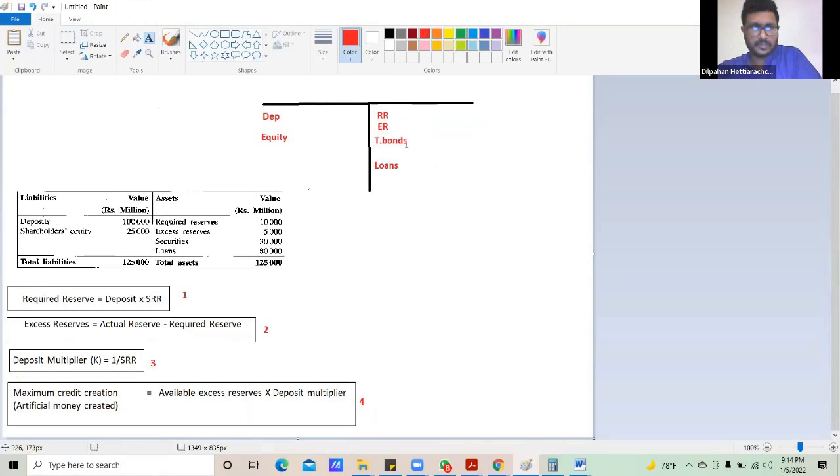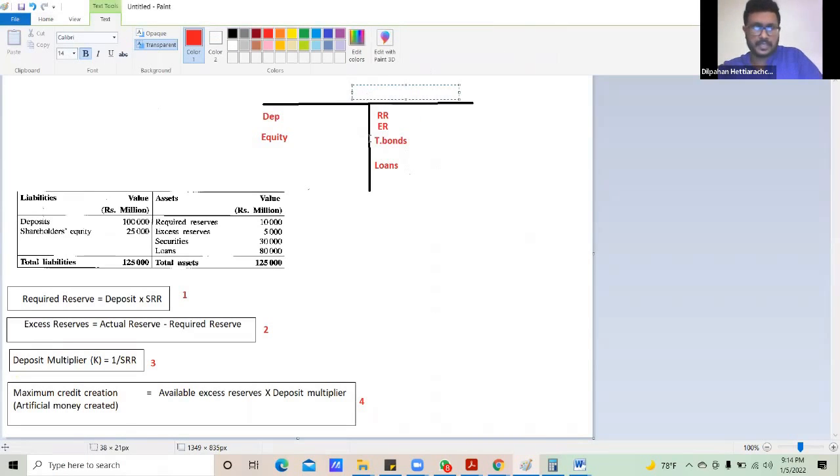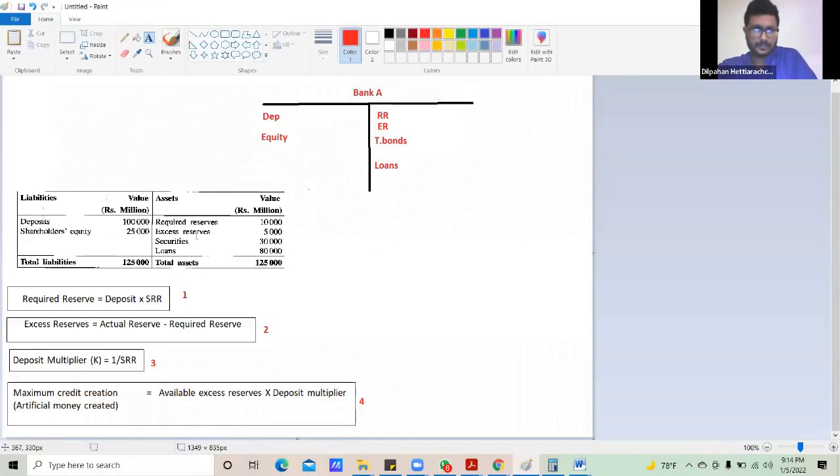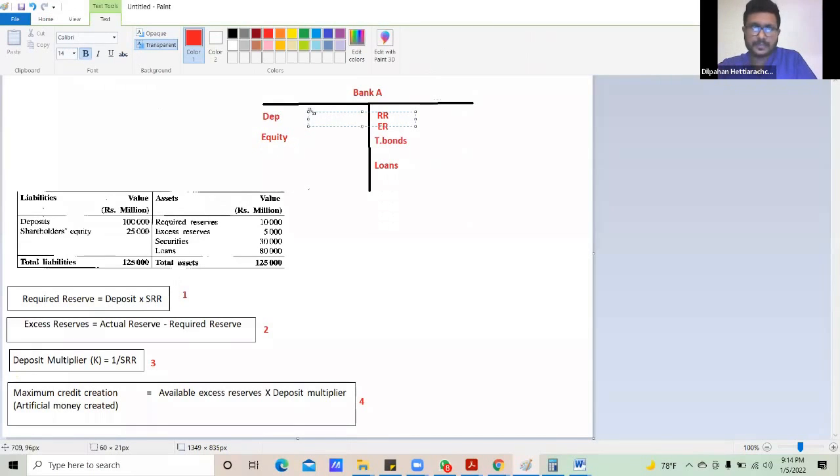And then treasury bonds and securities, same, loans. Right. So we have this relevant information. Bank A. Then this is the balance sheet, and they told that Ching Chong Chang has withdrawn 2000. So we have to record the new balance sheet with that.